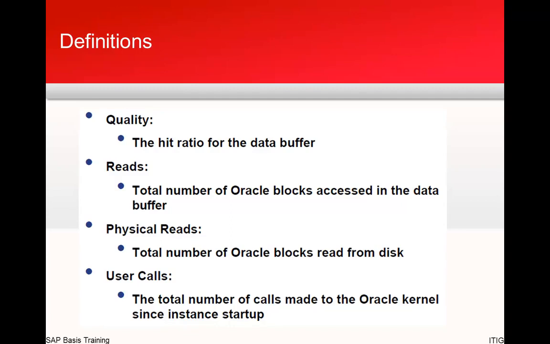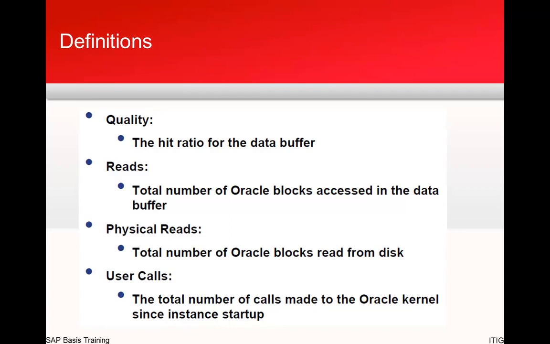If more percentage is coming from the database, then the buffer size needs to be increased or tweaked, or more tables need to be identified which need to be put in the buffer. Then reads, the total number of Oracle blocks associated in the data buffer. Physical reads, the total number of Oracle blocks read from disk. And user calls, the total number of calls made to the Oracle kernel since instance startup.